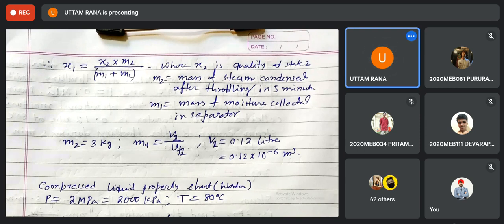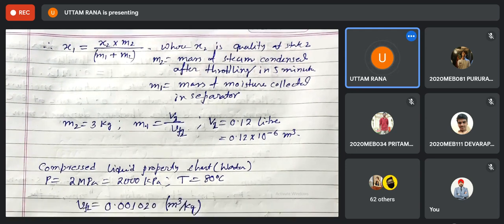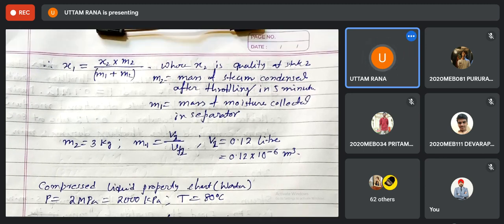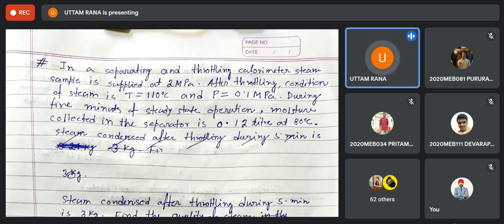Now tell me, what is the state 1? What is the state of the moisture which is collected? What is given here? It is 0.12 liter at 80 degrees centigrade. What will be its pressure? Its pressure will be equal to 2 MPa. So what will be the state? Can anybody tell me?